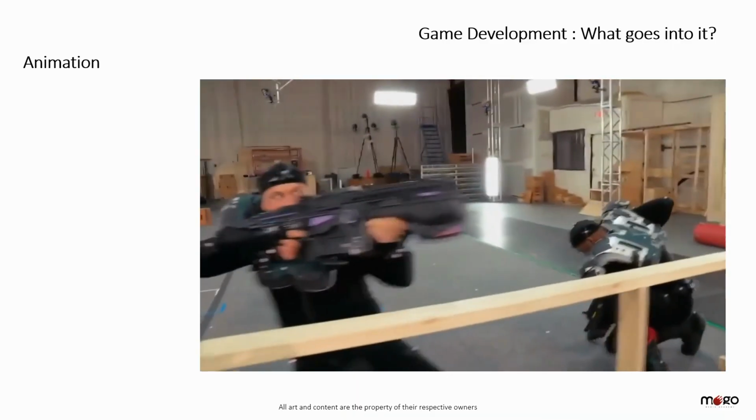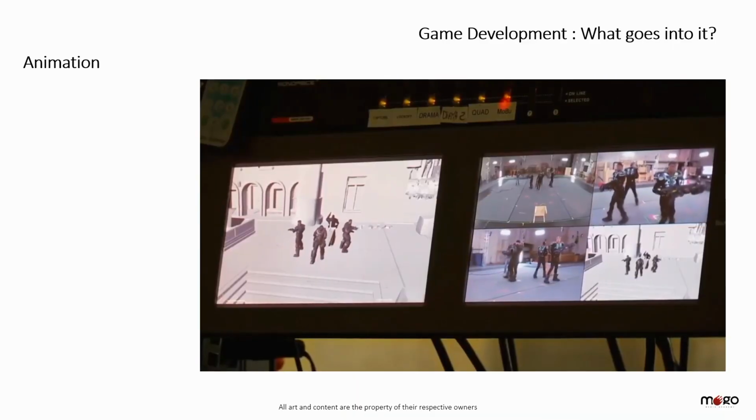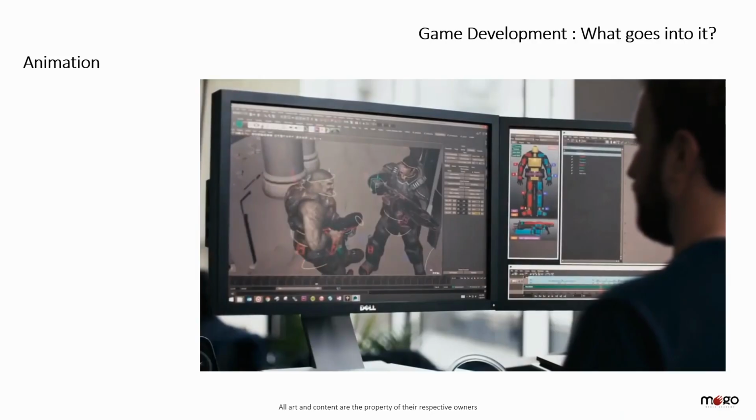So this is for the game called Gears of War. And the actors are playing out the animation of falling and getting shot and all those things. And that animation gets transferred to 3D. So they're acting out all of these things, and then you can see in 3D the animation that is transferred.